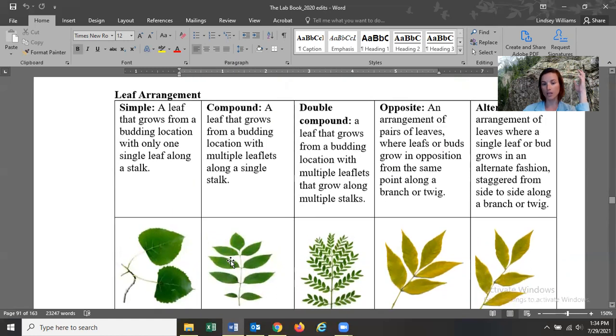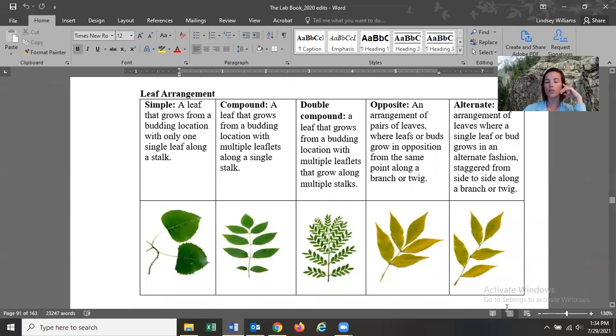Whereas with compound, and let me just zoom back out a little tiny bit here, okay? With compound, you don't see the branch here, but this would be stemming off of a branch, and then there's multiple leaflets. Now there's a couple different types of compound.